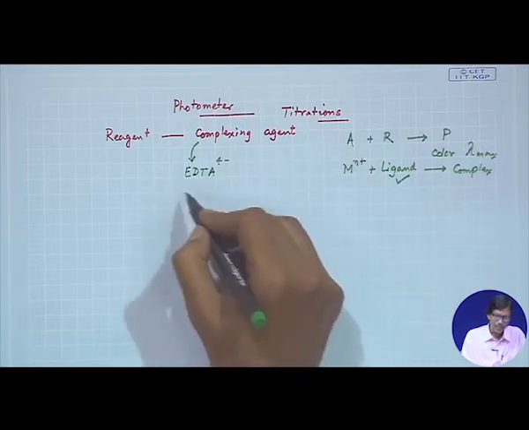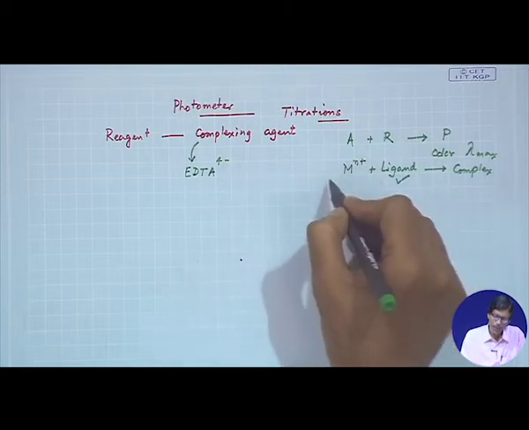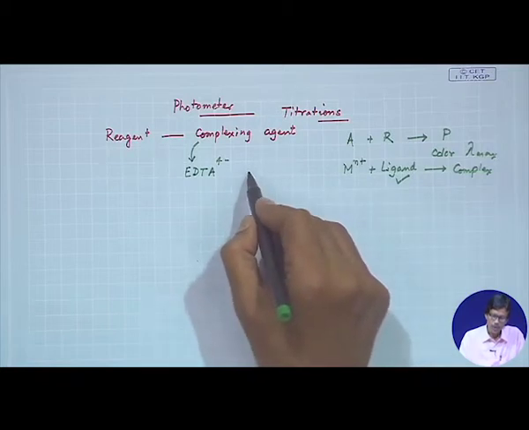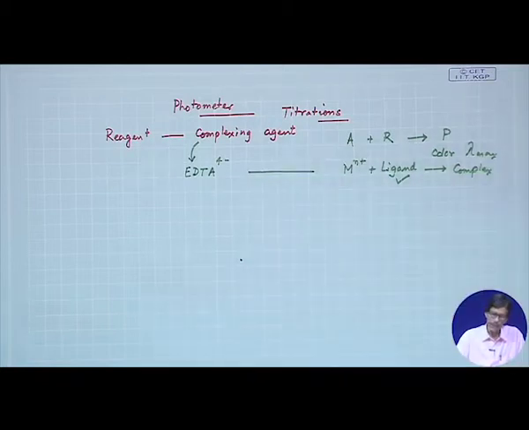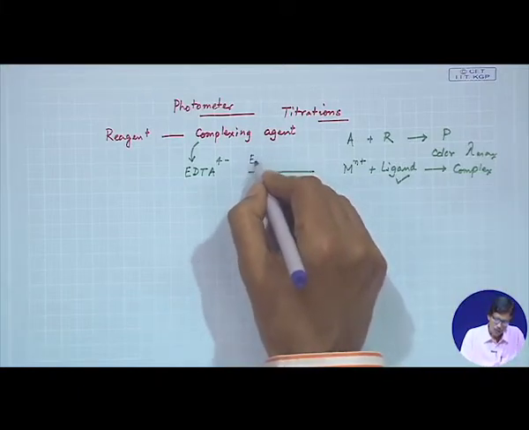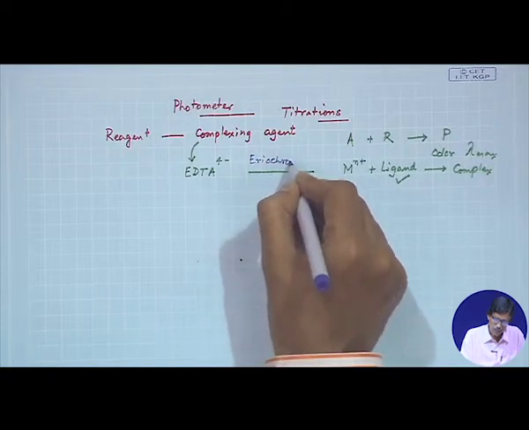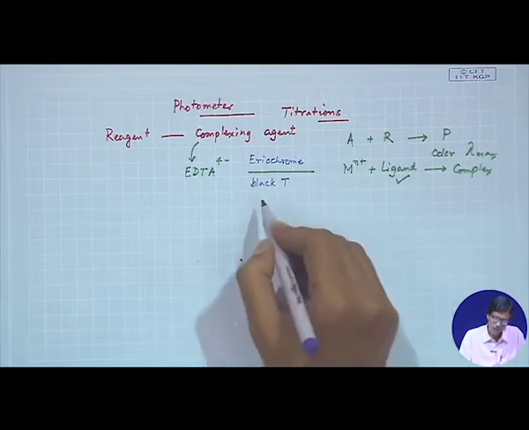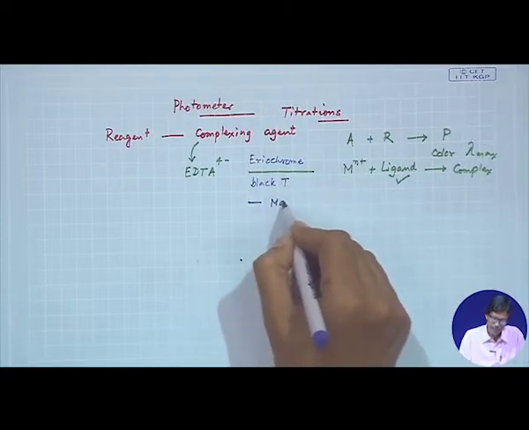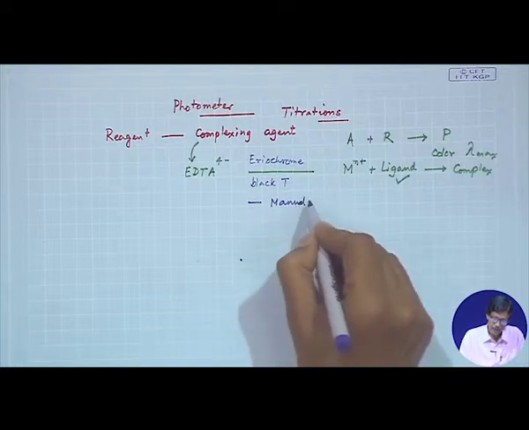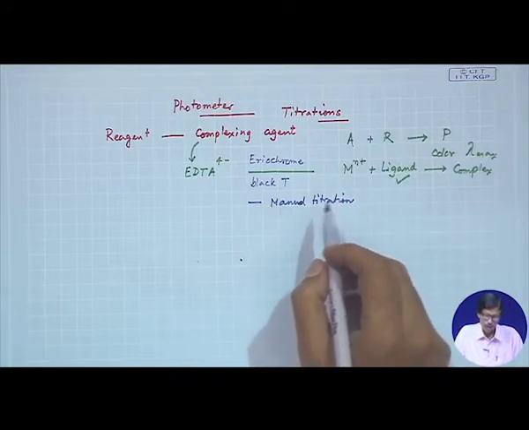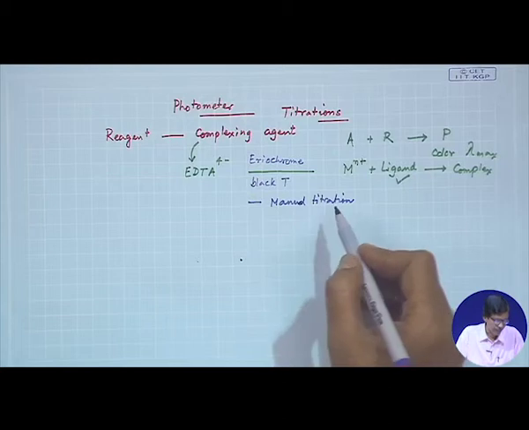So, this EDTA can be used nicely to detect the endpoint where the EDTA binds to the metal ion, and we have seen that we can use some metal ion indicators also, like Eriochrome Black T, which was used for a direct or manual titration. So, this we all know, like our manual titration for acid base reactions.